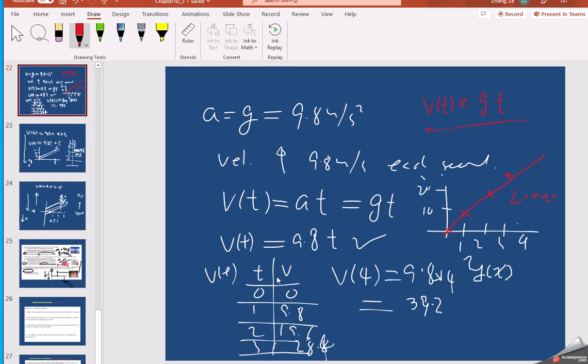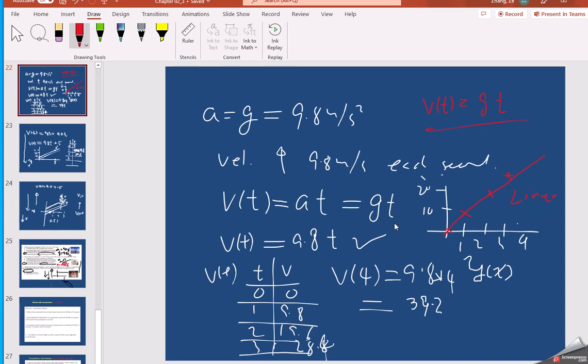For example, at 1 second it is 9.8, at 2 seconds it is 19.6, and so on. That's the table representation of the function. And if you want to use a graph to represent the function, you just use the table entries as ordered pairs and do the plot. So you have a linear relation. In other words, for gravitational acceleration, the velocity or speed just increases with time linearly.